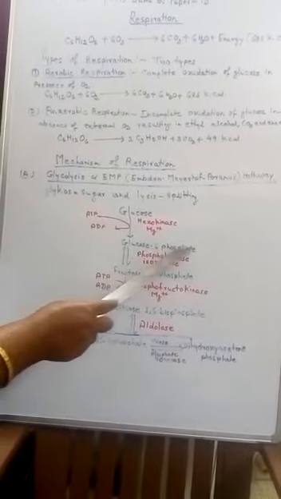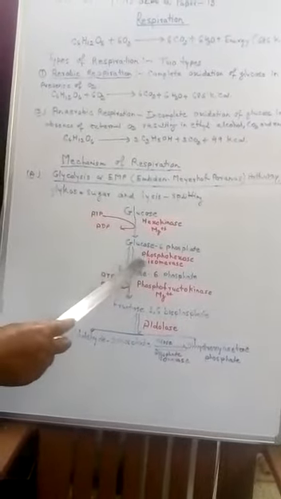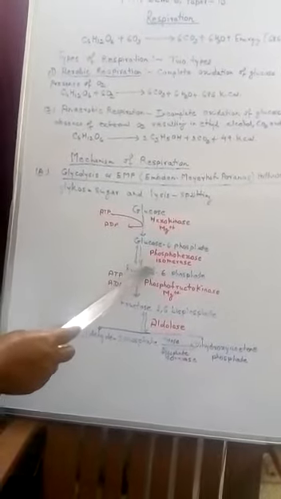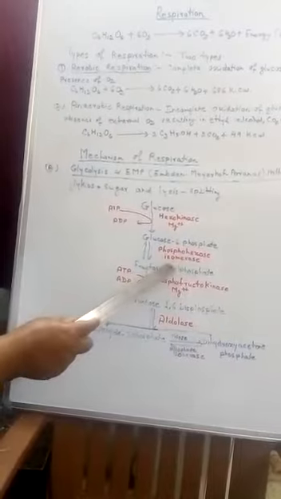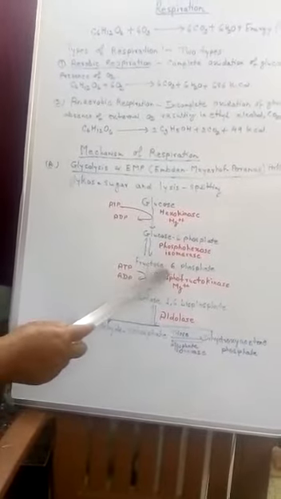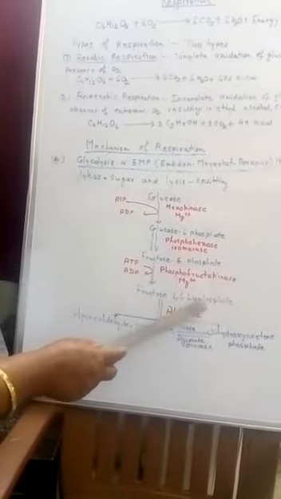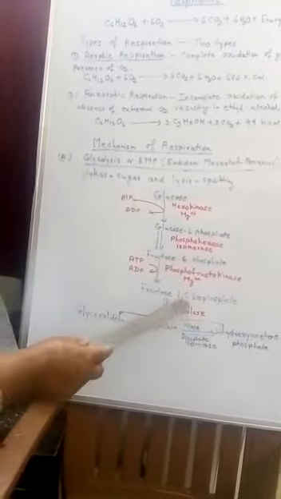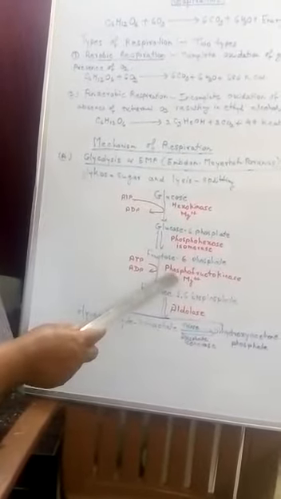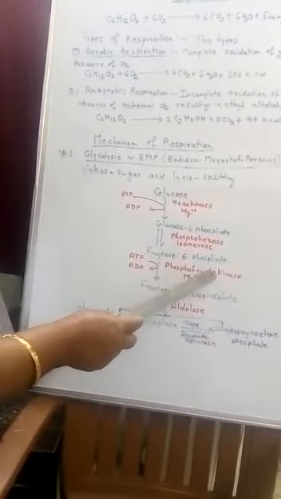This glucose 6-phosphate, in a reversible reaction, is converted into fructose 6-phosphate in the presence of the enzyme phosphohexose isomerase. Then fructose 6-phosphate is converted into fructose 1,6-biphosphate in the presence of the enzyme phosphofructose kinase and magnesium ion.